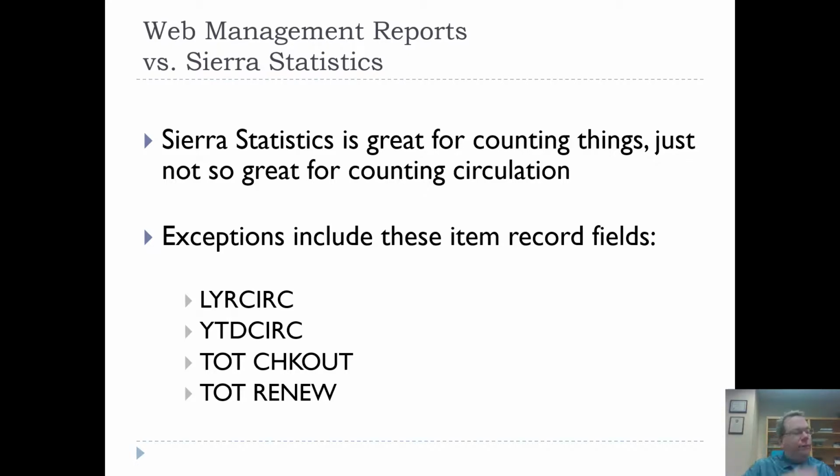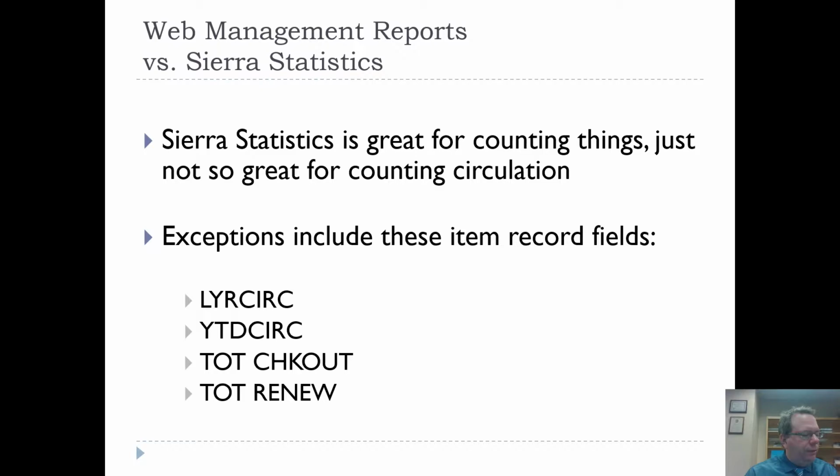It does have a few item record fields related to circulation, but they're really not reliable outside of those 4 fields you see here on the screen: last year's circ, year-to-date circ, total checkout, and total renew. Those are usually associated just with item record fields, so if you're doing an item record list, you can get some circ data from those fields.